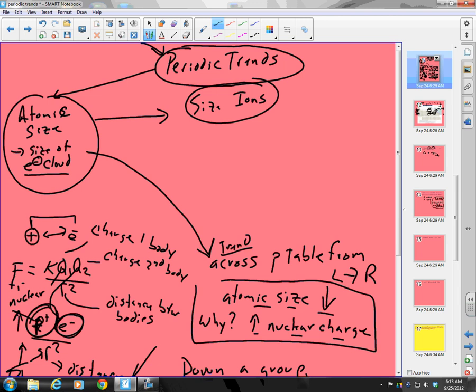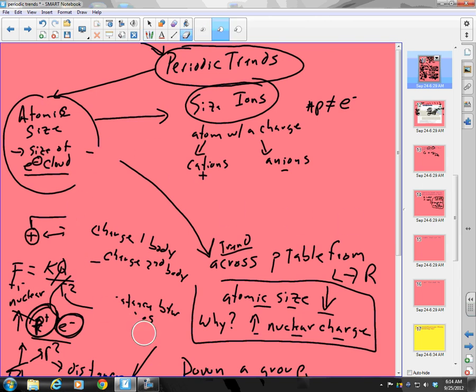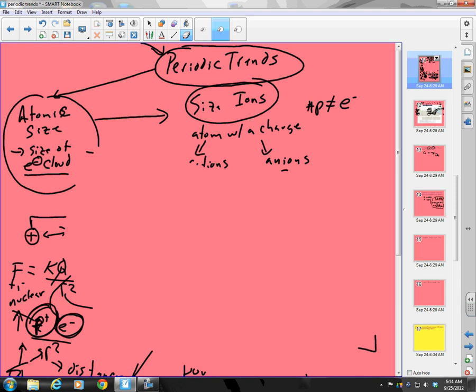Ions are charged elements, meaning an atom with a charge. That means the number of protons does not equal the number of electrons. We have two types of ions: cations, which have a positive charge, and anions, which have a negative charge.